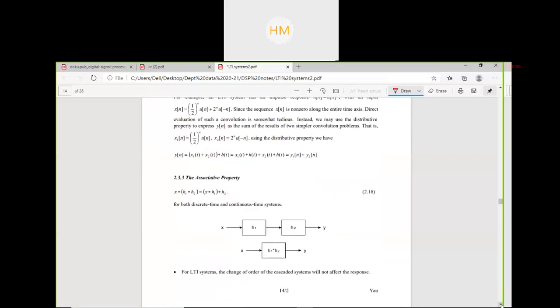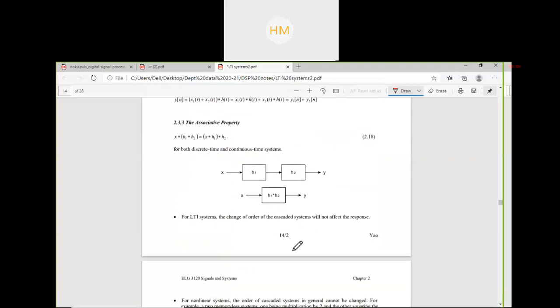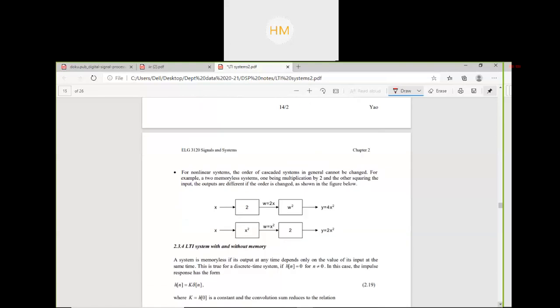Clear? Then associative property. The order of multiplication can be changed. X h1 into h2 will give you y, or x into h1 first multiplied then multiplied by h2 will give you the same output. So that is my associative property. Is it clear? This is the example shown to you.